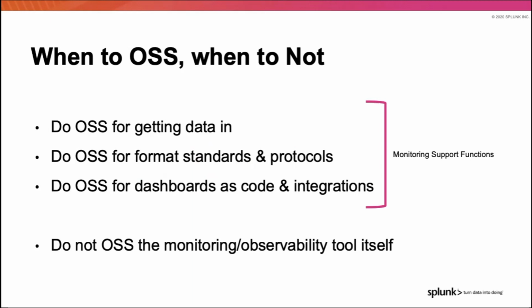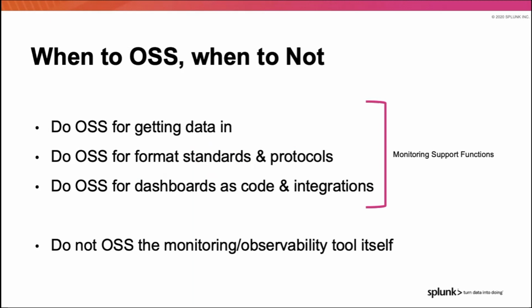So, when you start to think about the technologies that you use to better support and monitor your infrastructure and your applications, you need to build a strategy around it. You can't just say, we like open source, so we're going to do open source, because there's pros and cons of both. You should consider open source in your monitoring support functions, which is getting the data into your monitoring platform, standards and protocols for that data, and potentially dashboards as code and integrations into your monitoring platform, because there's a lot of possibilities to build plugins and integrations.